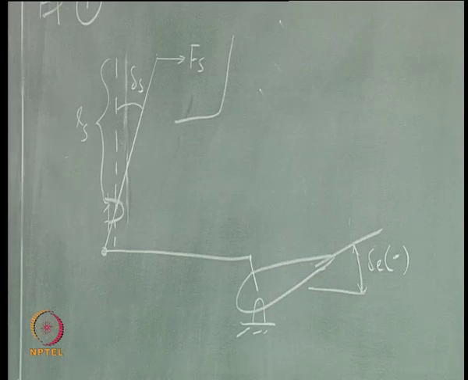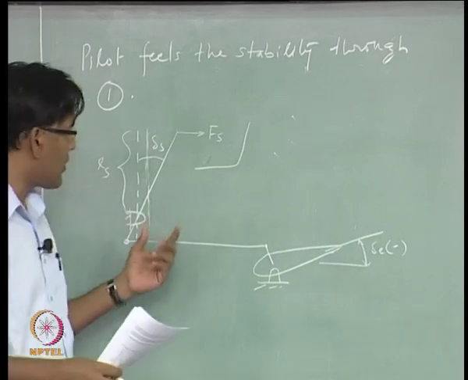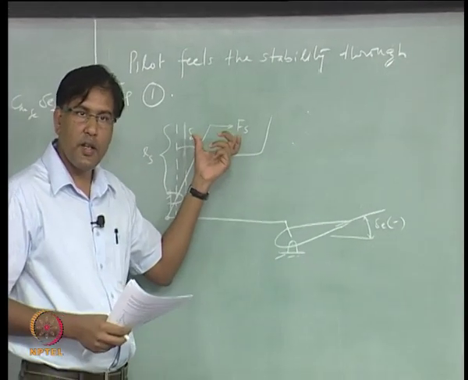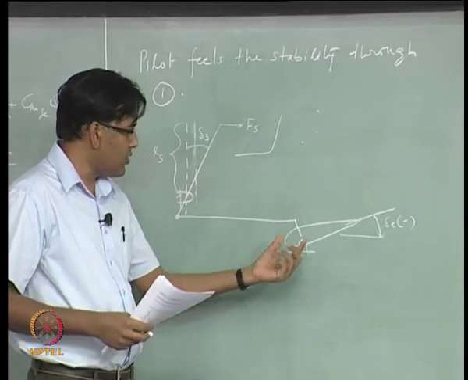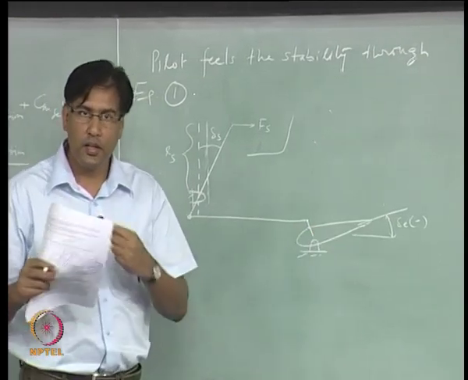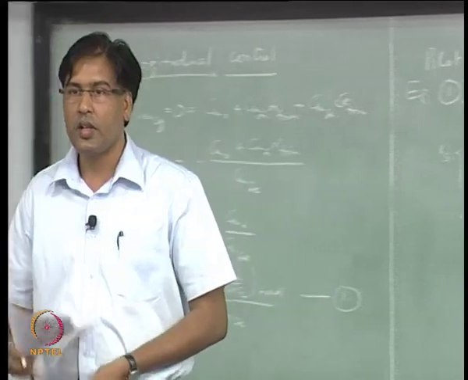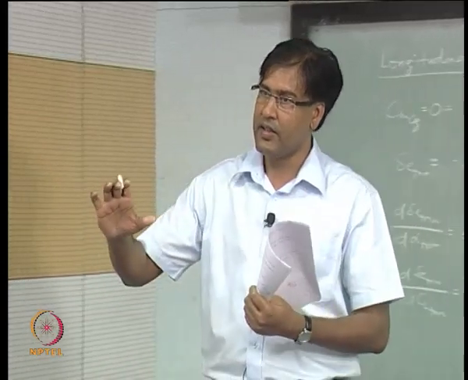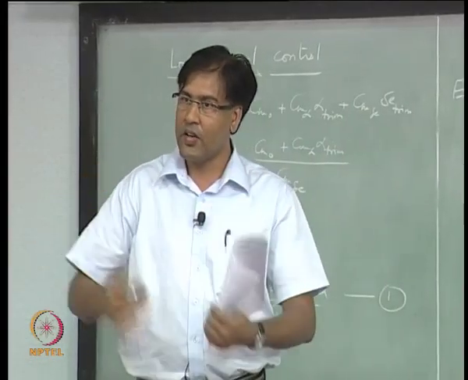If I want to find out what this force should be, right, I have to talk about the moment that it has to overcome, isn't it. Elevator is in the flow field, so there are forces acting on the elevator.